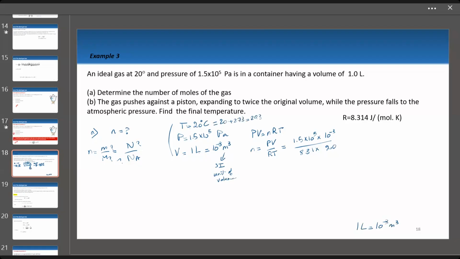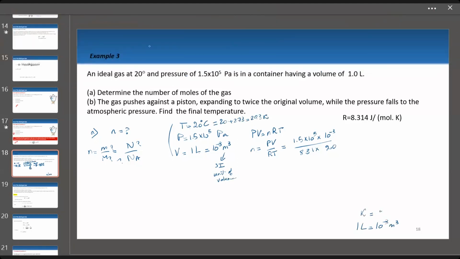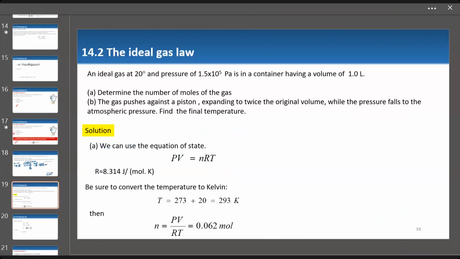This will be 293 Kelvin. And so here I can now substitute the temperature in Kelvin and calculate the number of moles. Let's look at the final answer, 0.062 moles.